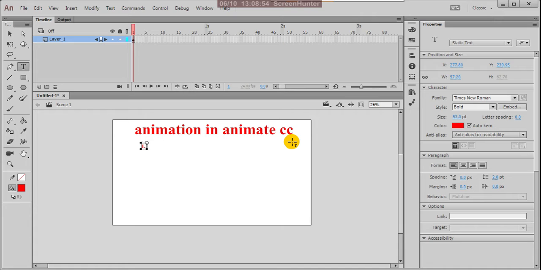So one is tweening animation, second is frame by frame animation, third is bone tool animation.